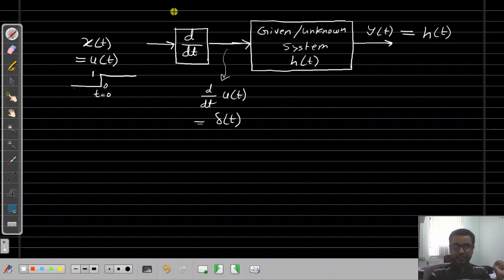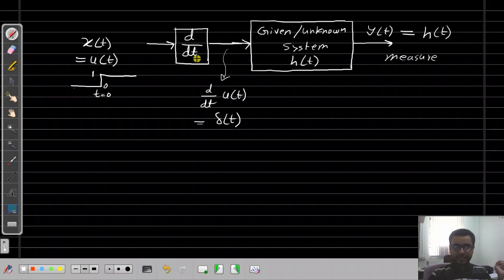So in theory, if we imagine connecting a differentiator before this unknown system, and here we give the input which is unit step function, and then measure the output, then that will be the unknown impulse response.